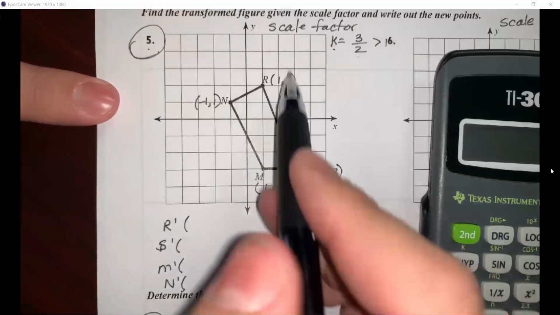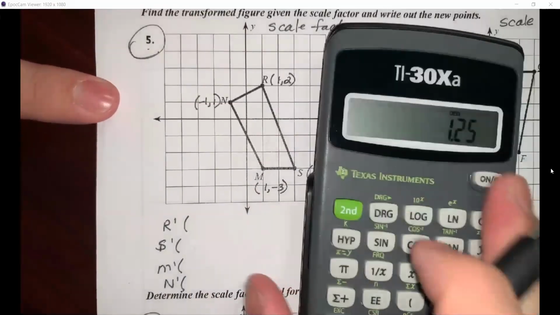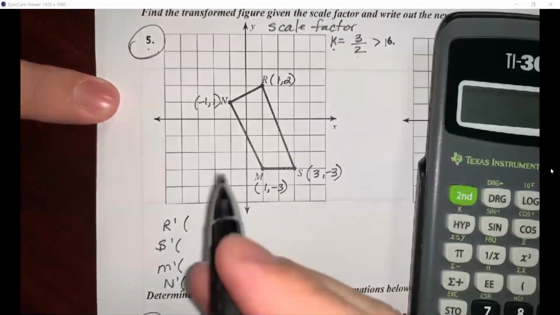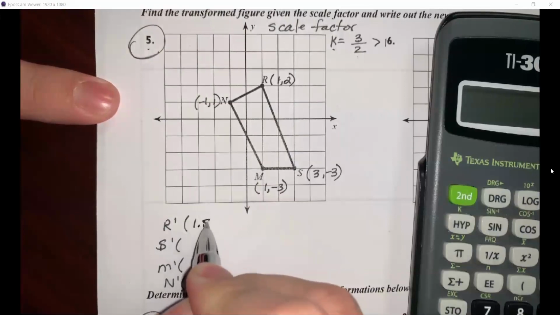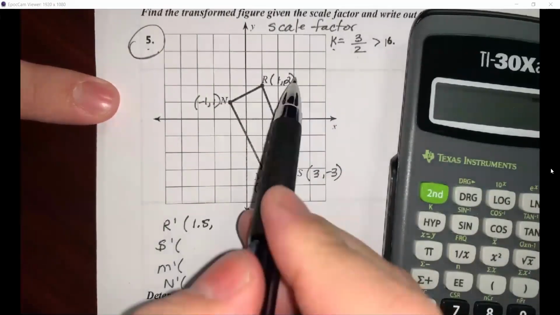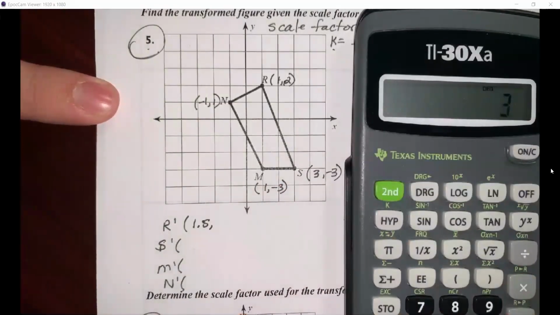So let's start with R. So I have 1 times 3/2. Well, that's just going to be 3/2, right? So 1 times 3 divided by 2 gives us 1.5. So my new R is 1.5, comma. And then 2 times the numerator divided by the denominator: 2 times 3 divided by 2 gives us 3.